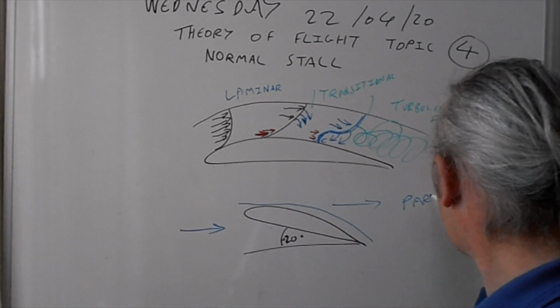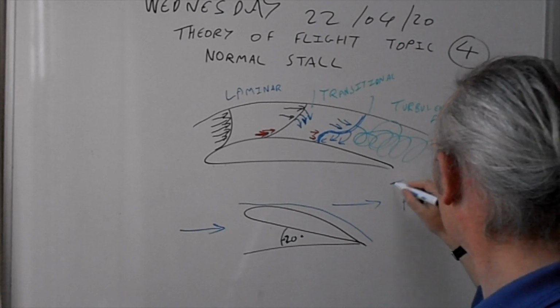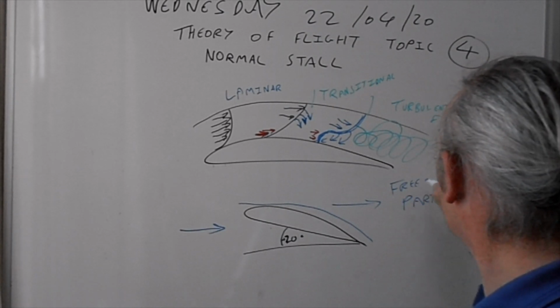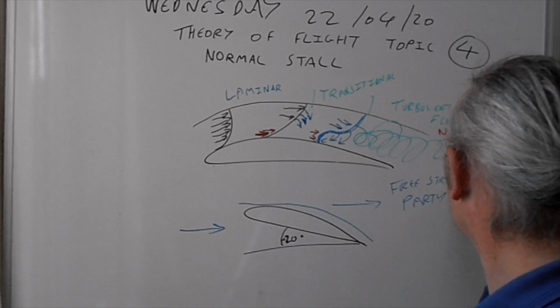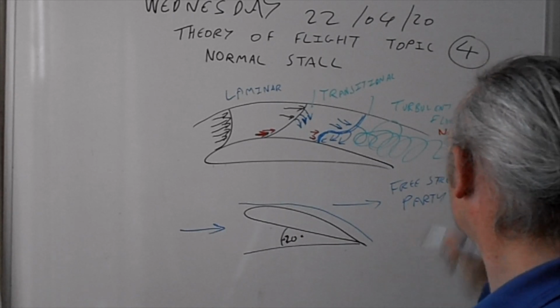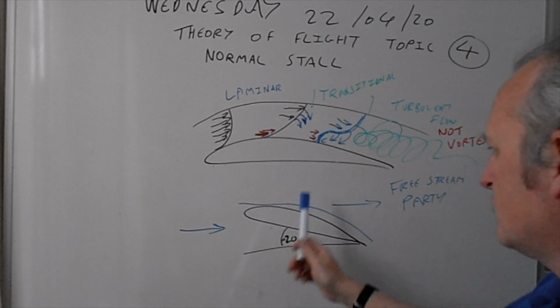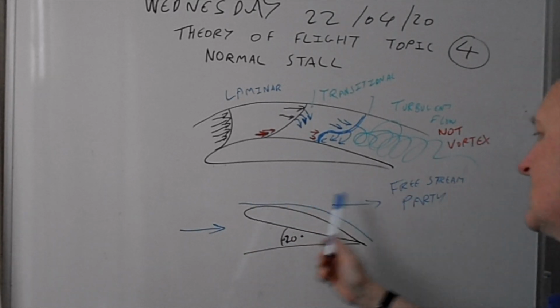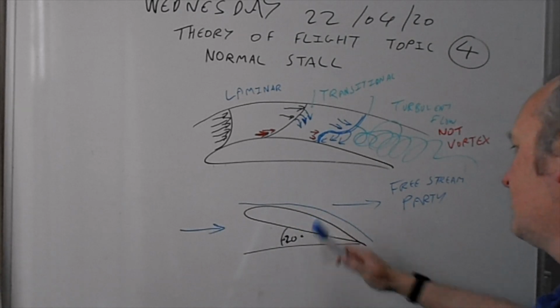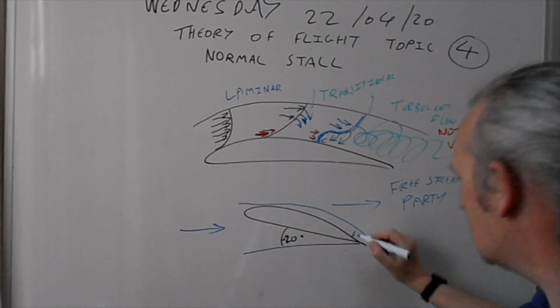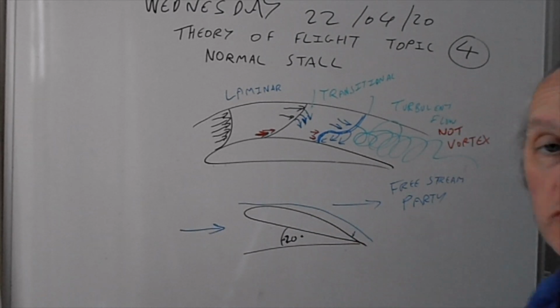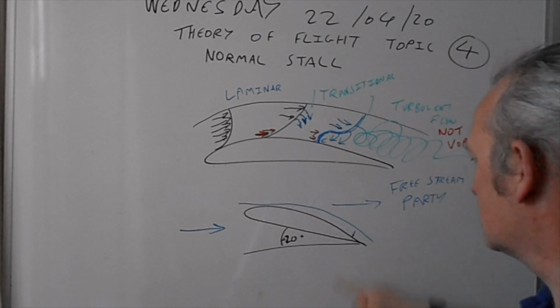Party central, free stream airflow. Free stream velocity, we all like the word free. The air wants to go in that direction. The viscosity effect is pulling it down here towards the wing, and something's going to lose, something's going to break away.